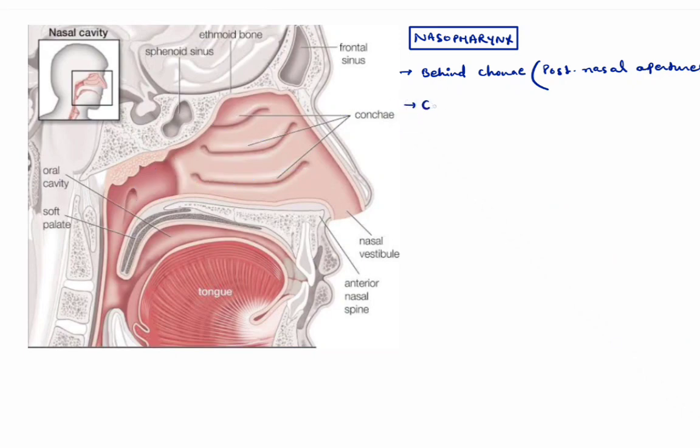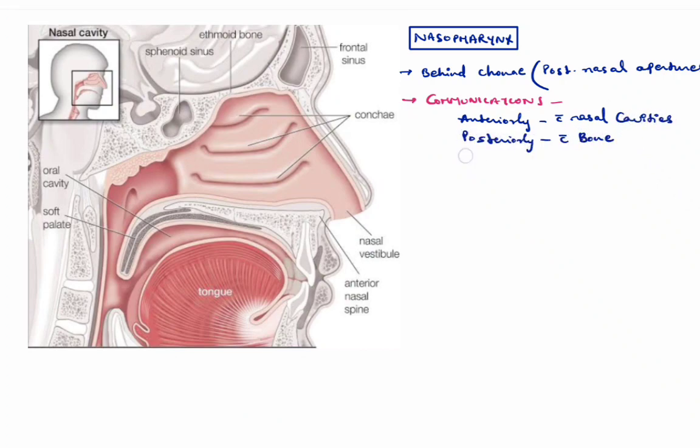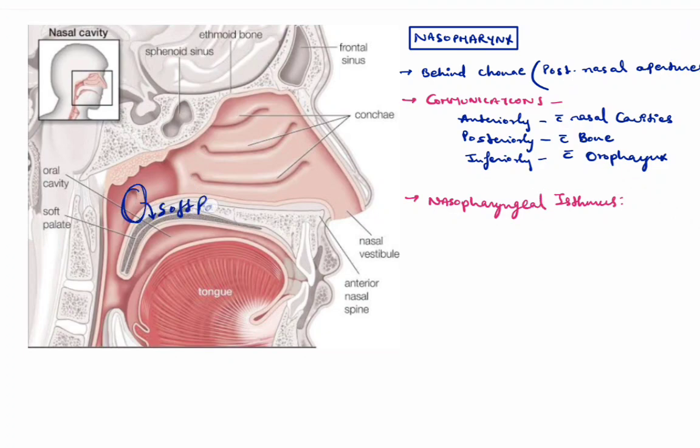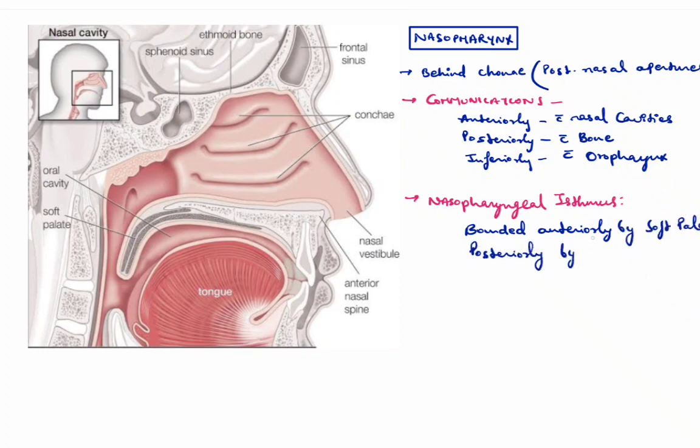Communication: it is continuous anteriorly with the nasal cavity and inferiorly with the oropharynx, and posteriorly it is related to bone. Now the nasopharyngeal isthmus, which is an important part, is situated anteriorly by the soft palate and posteriorly by the posterior wall of the pharynx. So it is basically an opening bounded anteriorly by the soft palate and posteriorly by the wall of the pharynx.